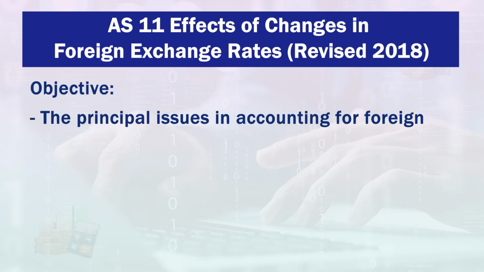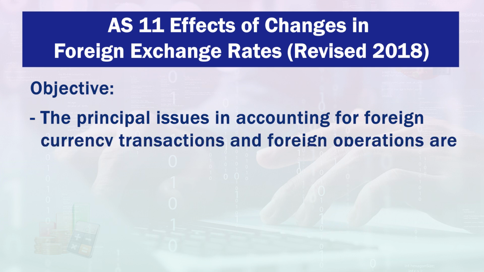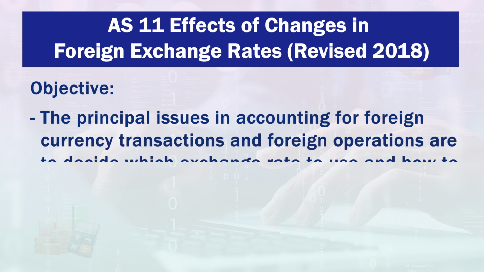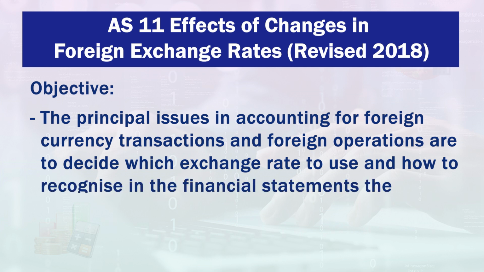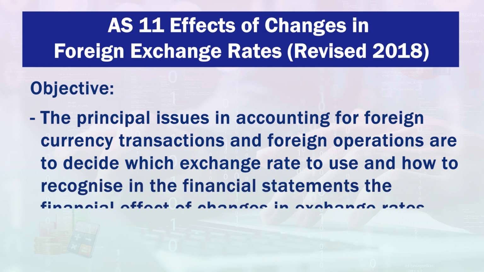The principal issues in accounting for foreign currency transactions and foreign operations are to decide which exchange rate to use and how to recognize in the financial statements the financial effect of changes in exchange rates.